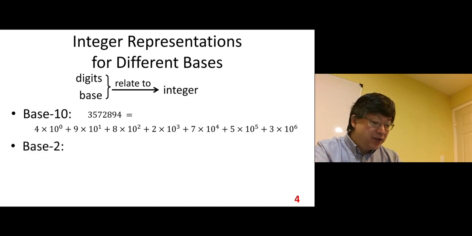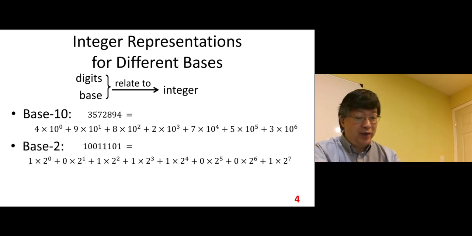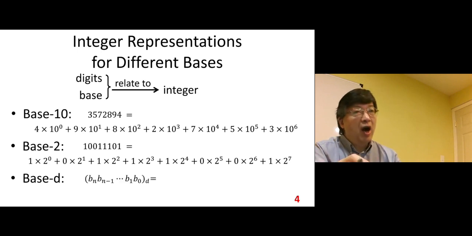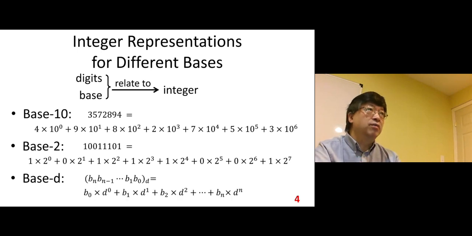For base 2, we write it in this way. Then for the general base, base d, for an arbitrary base d integer, we can write it in this general form.